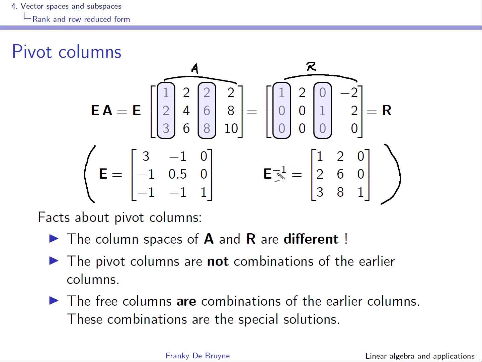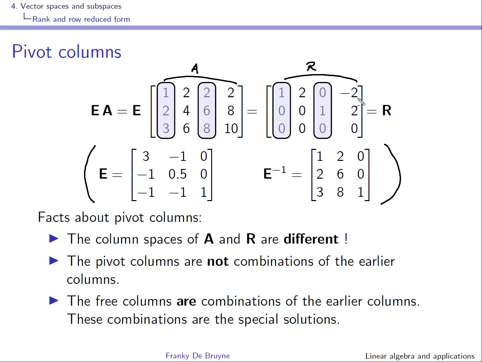But before we do that, we can see that pivot columns are not combinations of earlier columns. This is true in R, but it is also true in A. For instance, this column is not a combination of previous columns. It's null because you have zeros over here, right? Whereas free columns are always combinations of earlier columns. These combinations are the special solutions.